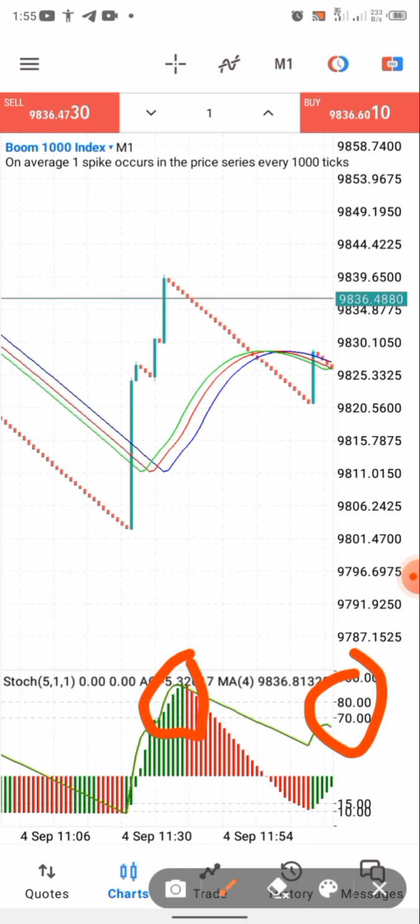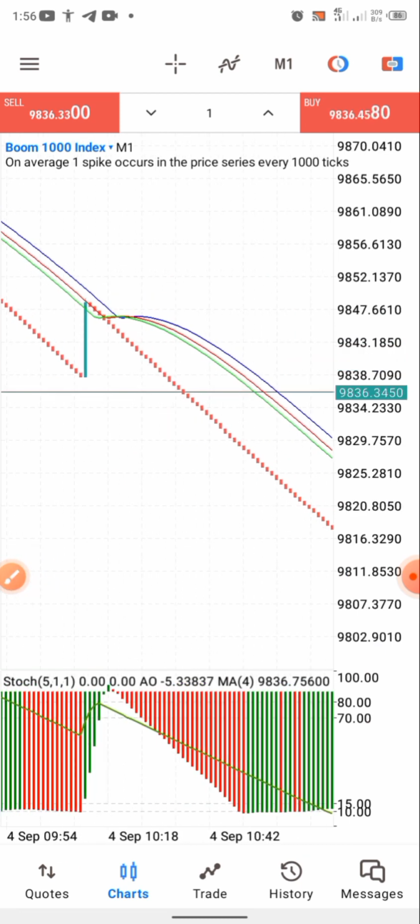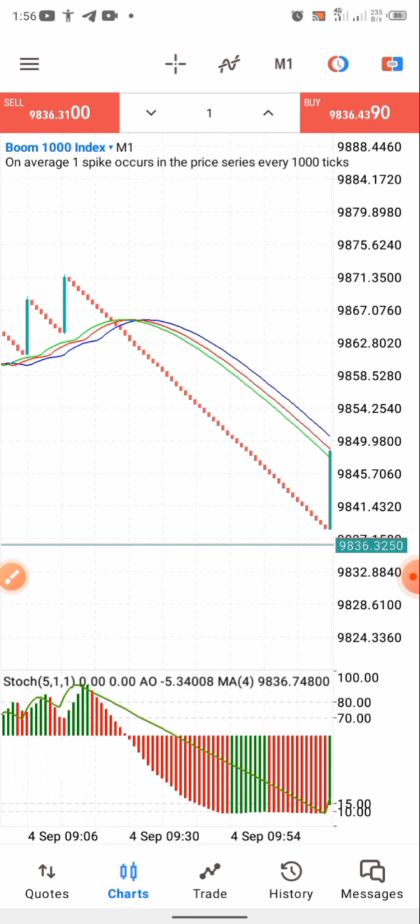Now we are expecting to see a candle closing below the indicators, and also the green line crossing the red and the blue line. That is a clear confirmation. We take up to 10 candles and then we leave the trade. That is how you guys are going to make use of the strategy.